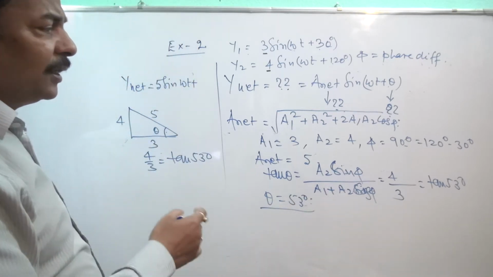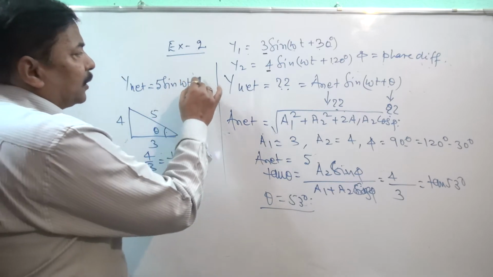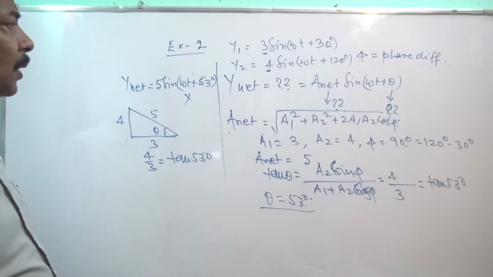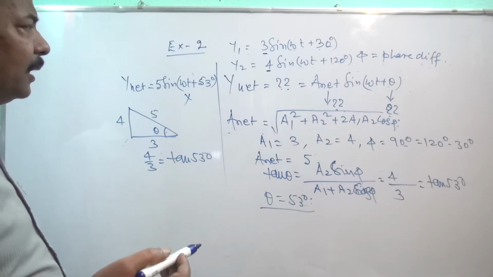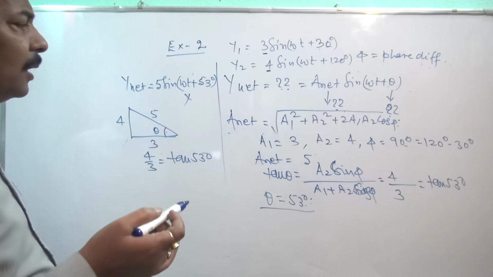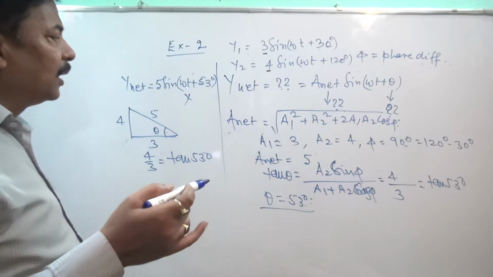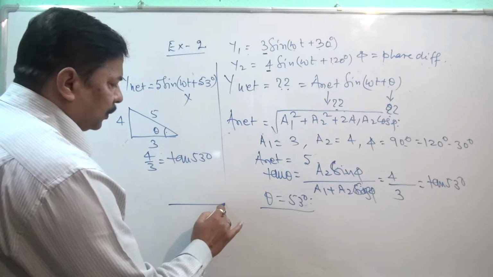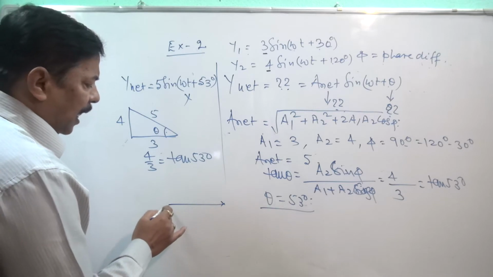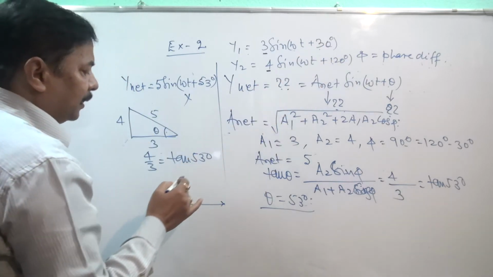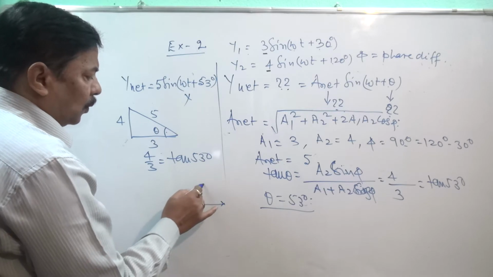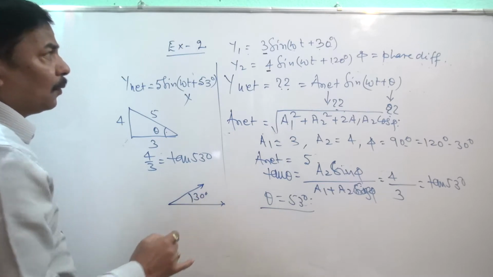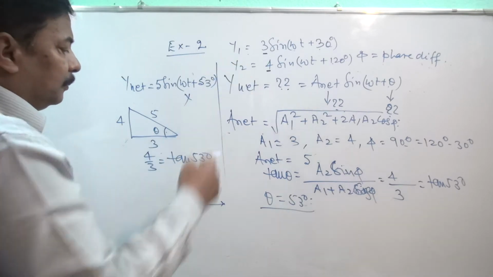So when you have got theta as 53 degree, here you can write omega t plus 53 degree. But this is not correct. Why? Because you have to understand it in this way. If I explain by diagram, you will understand it in a better way. Here this is the x-axis, and at the angle of 30 degree, this is your A1.